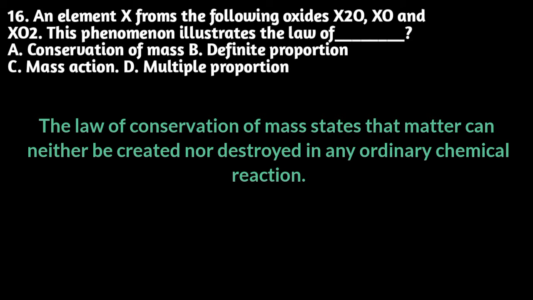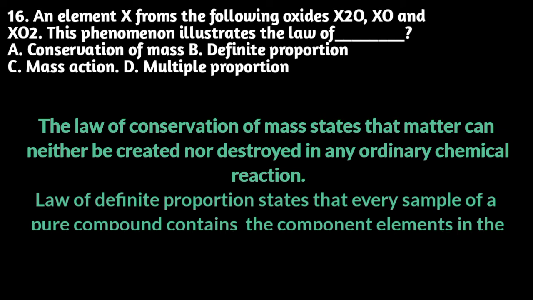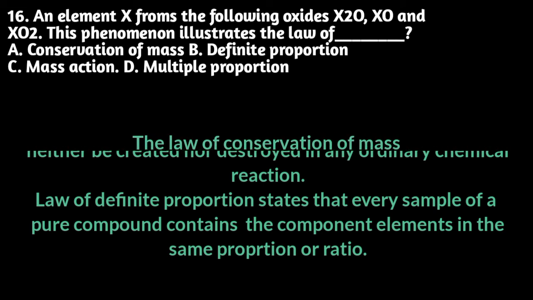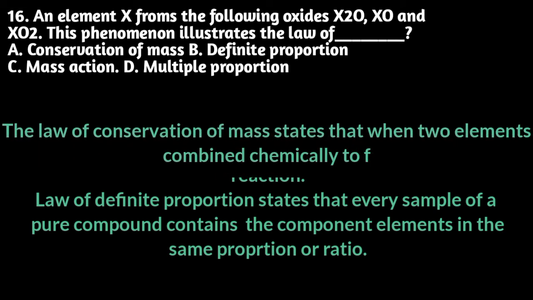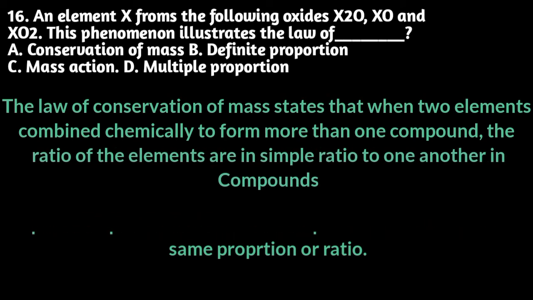Definite proportion means that in any pure sample, the components are in the same ratio they appear in other pure samples of that compound. We pick option D because multiple proportion means that it is possible for two elements A and B to form different types of compounds. That is what we have over there.